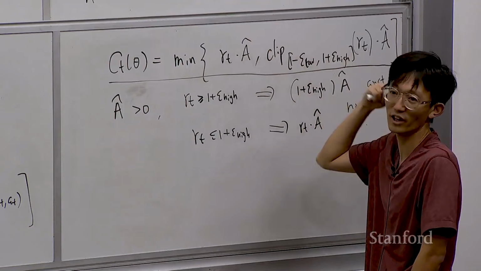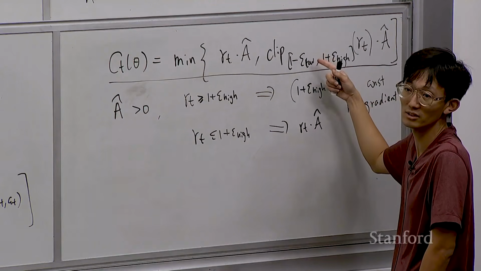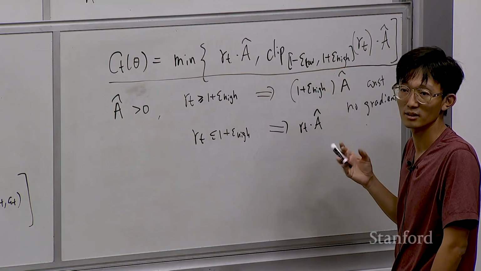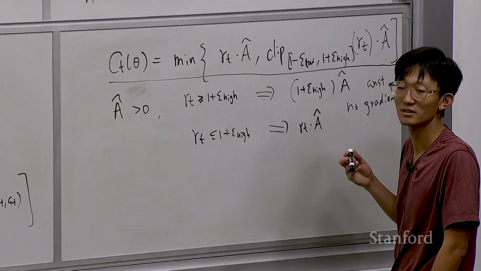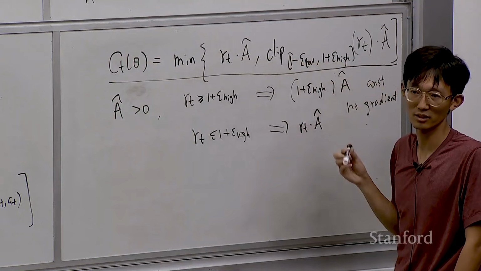Let's say RT is 0.5. Then this is clipped to be 1 minus epsilon, say 0.8. So this is 0.5, which is smaller, and this is bigger. Does it make sense? Yeah. And if RT is between these two, then these two quantities are actually the same.